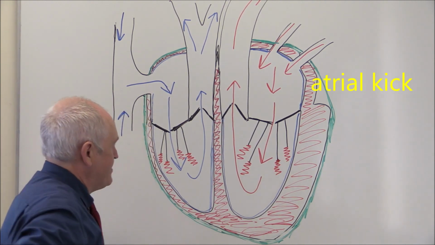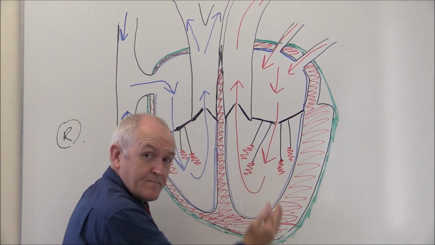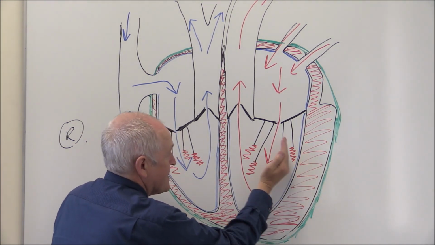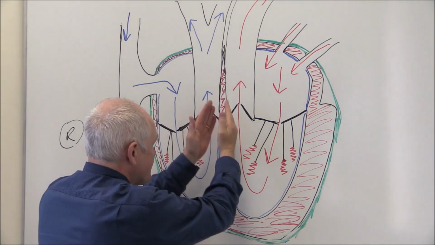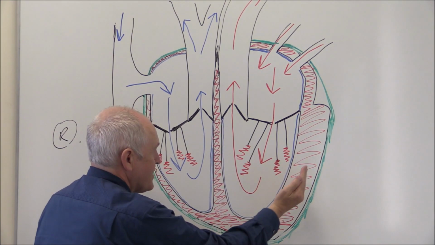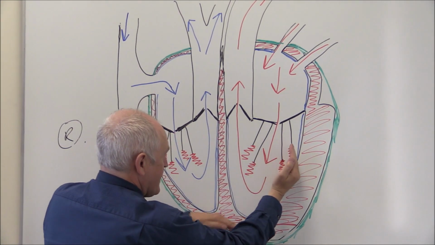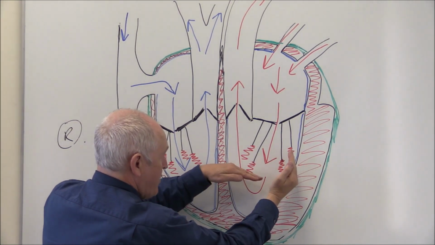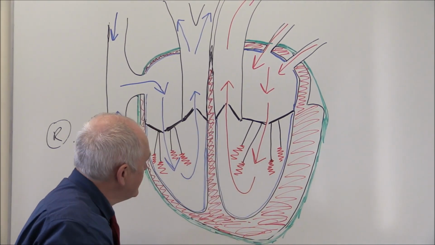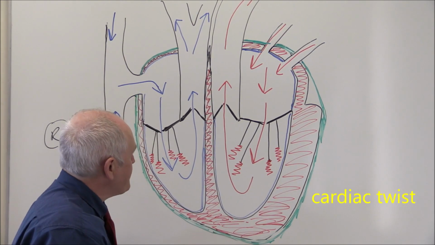Now, the next thing that happens is the ventricle starts contracting, and that ventricular wall has to go in the way like that. And at the same time, the muscle in the septum contracts and it moves up the way. So that wall moves in, the bottom part is going to move up, and at the same time, the heart twists a little bit as well. That's called cardiac twist.